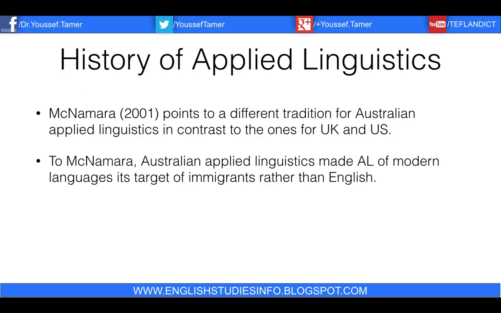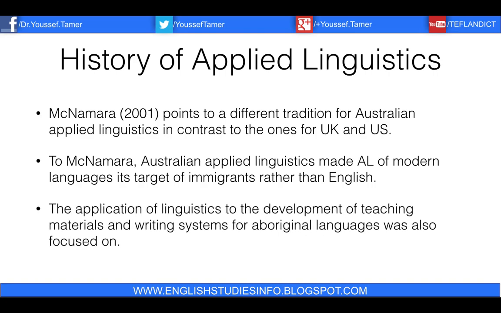So this is the contribution of this school. They focused on the languages of the target immigrants rather than English. The application of linguistics to the development of teaching materials and writing systems for Aboriginal languages was also focused on.